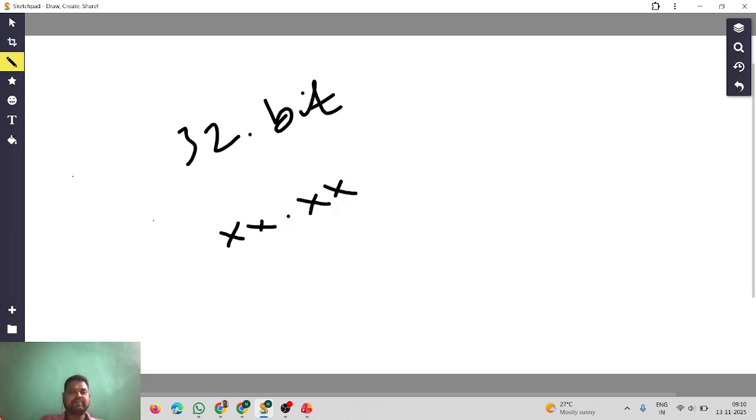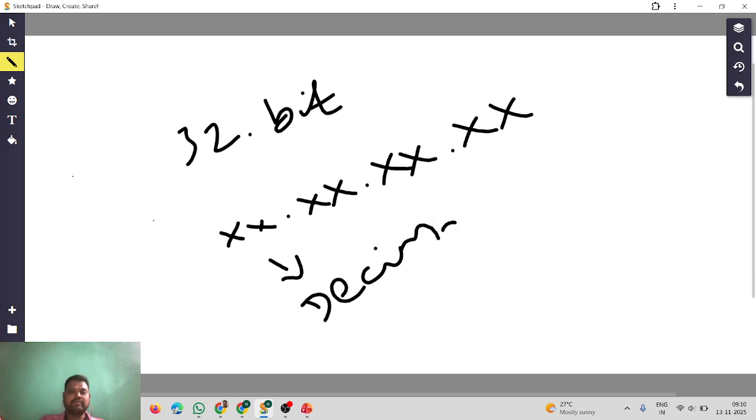Each 8 bits are separated by a dot, and those 8 bits are represented by decimal numbers. That's why we call it dotted decimal notation.